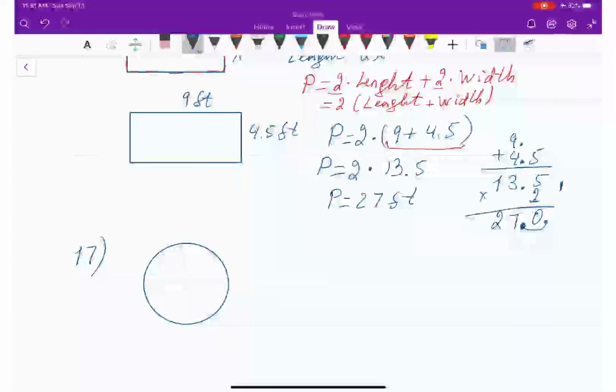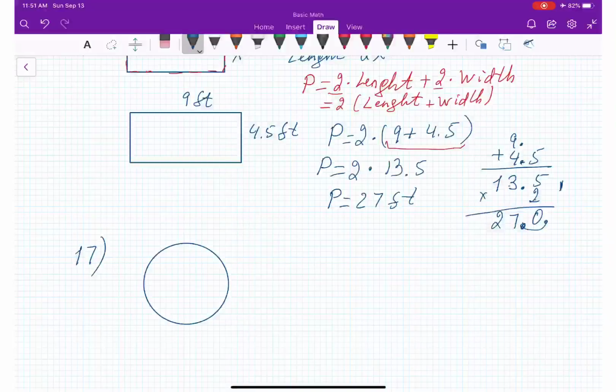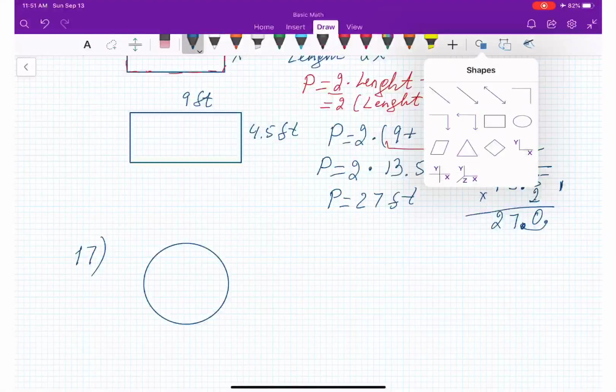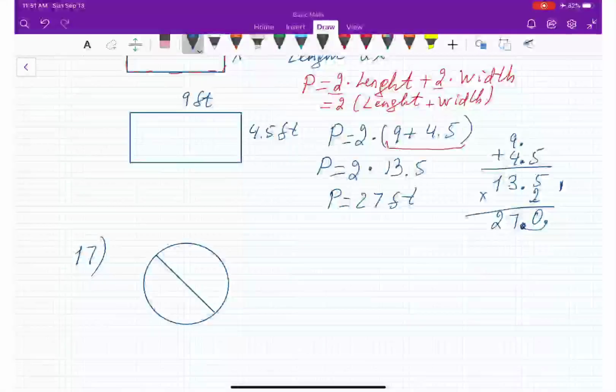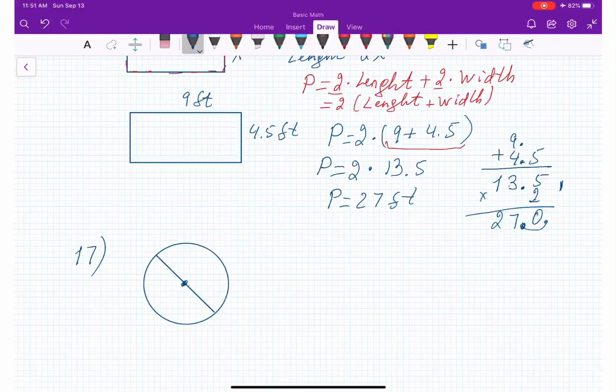We have the diameter. This is the center, and the diameter is 27.3 centimeters. So we need to find the length of the radius. This is our radius.